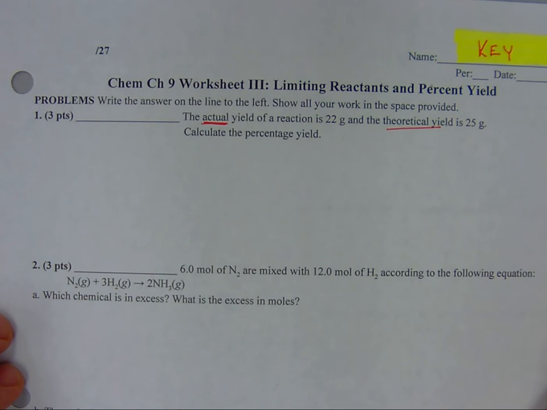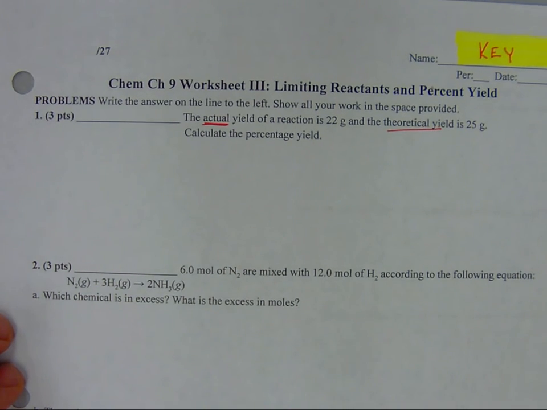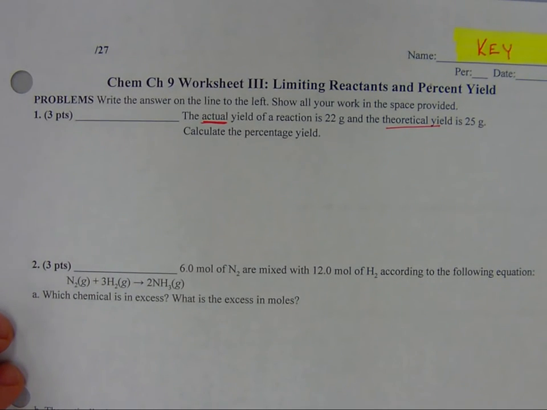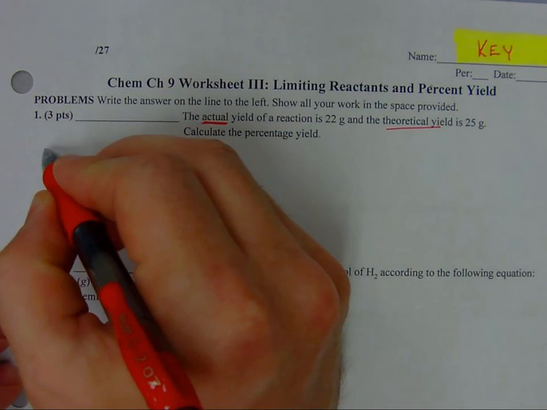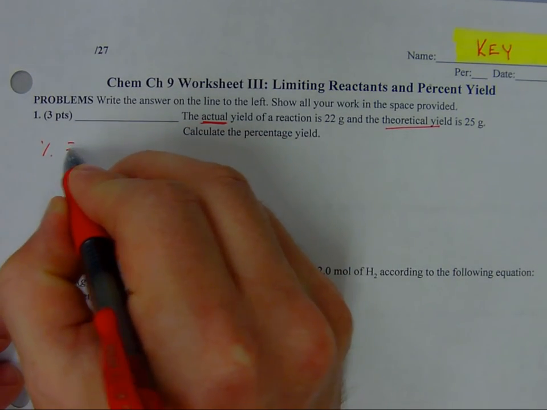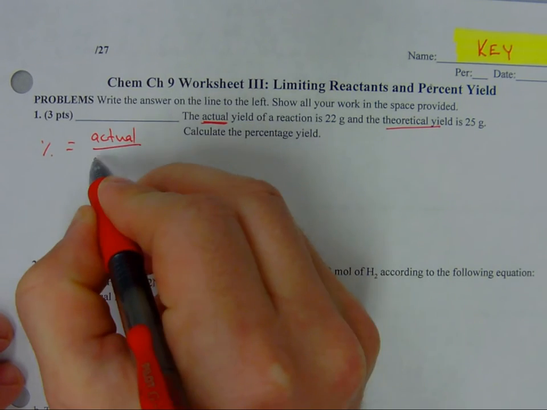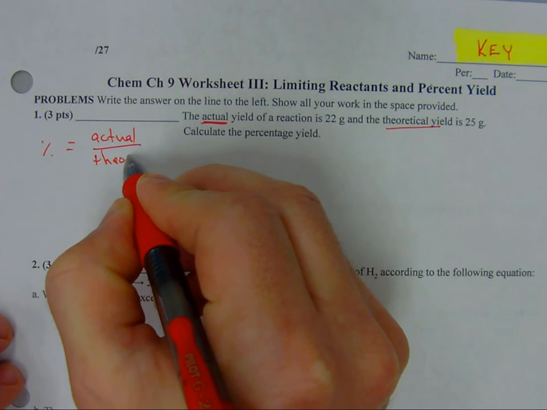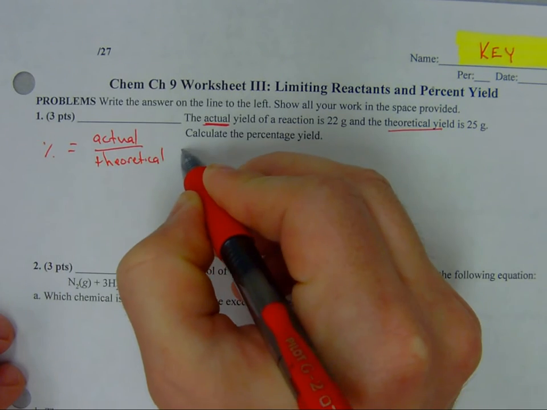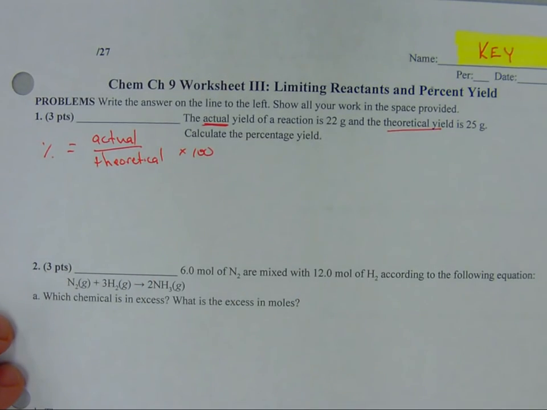Calculate the percentage yield. Now pointed out by the PowerPoint notes, the review notes, and the lecture, in order to calculate percent yield, we need to divide actual yield by theoretical, and then simply multiply by 100 to give a percentage.